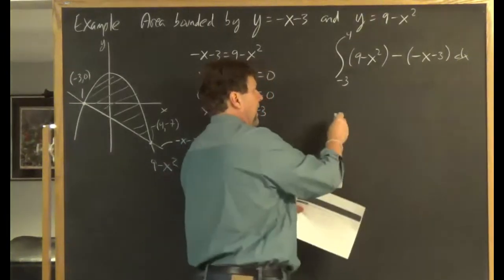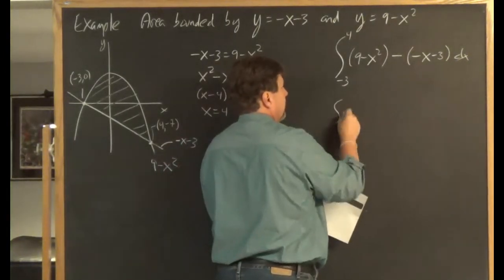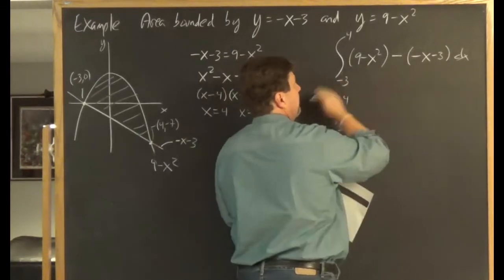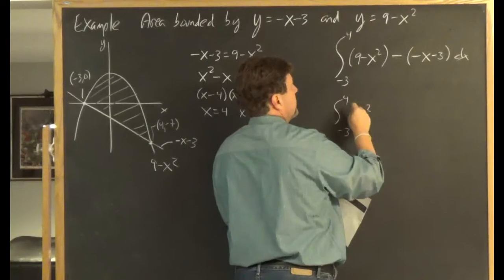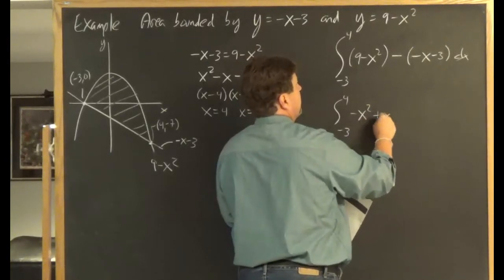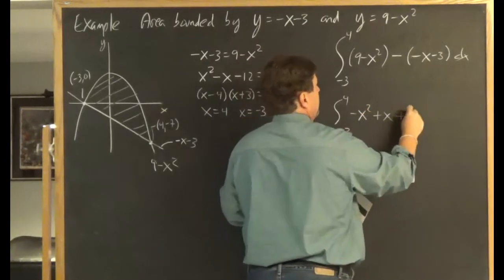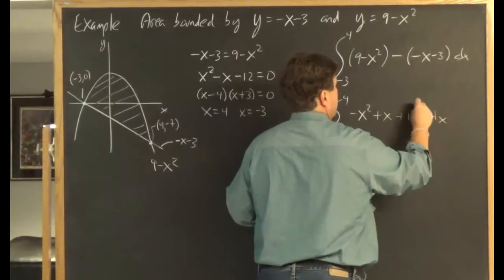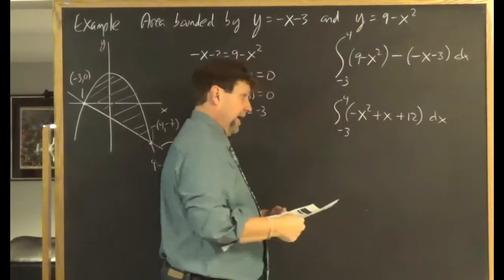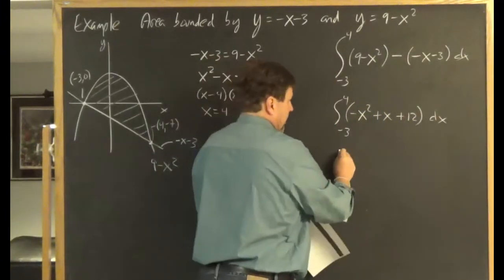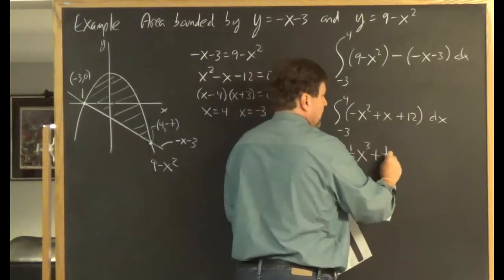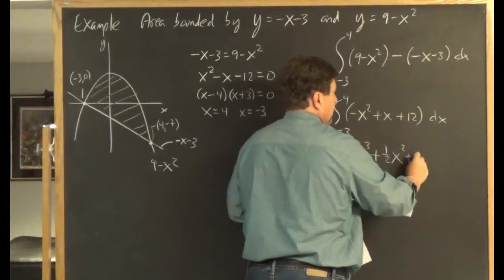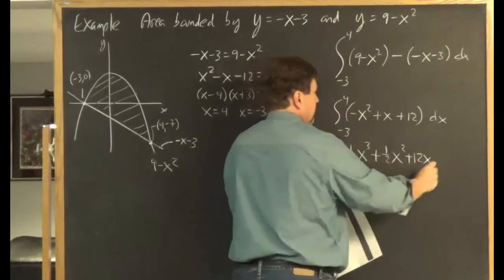And again, I start off by cleaning up my integrand here. So I have a -x squared plus x plus 12. Get my antiderivative, which is -1/3 x cubed plus 1/2 x squared plus 12x.